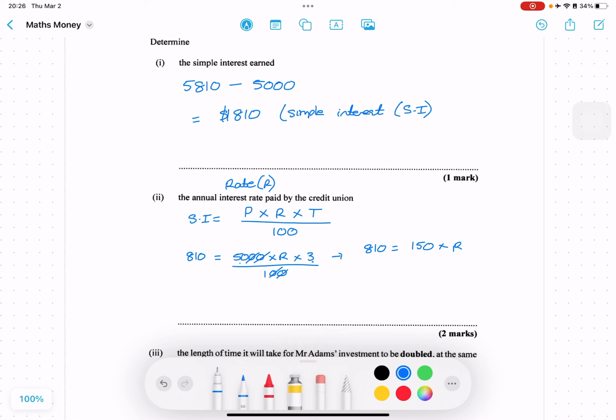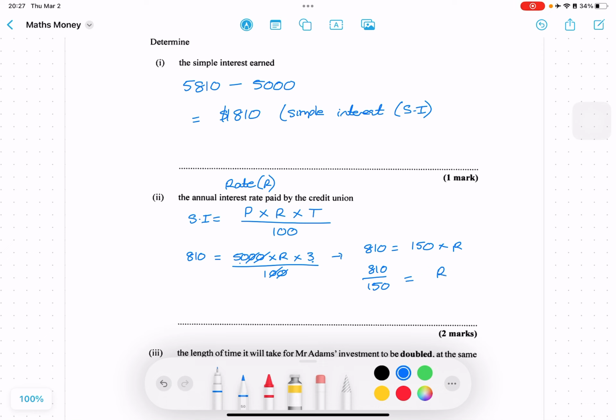And in dividing by 150 on the right hand side, we also need to divide by 150 on the left hand side. So now this becomes 810 divided by 150. I'm not showing you here, you don't need to write it, but 150 over 150 is 1, okay? And 1 by anything is itself.